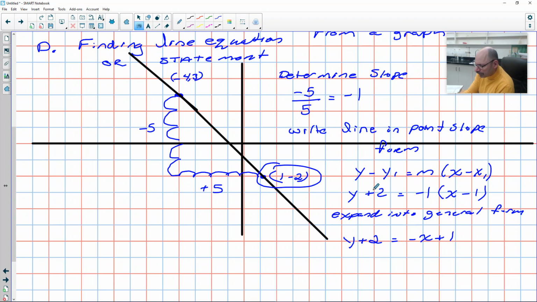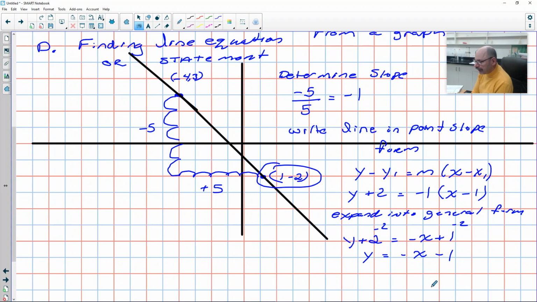Okay, I'm going to subtract 3 from both sides. Okay, so subtract 2 from both sides. Why would I subtract 3 when I don't even have a 3? Subtract 2 from both sides, right? Okay, so y equals -x minus 1.